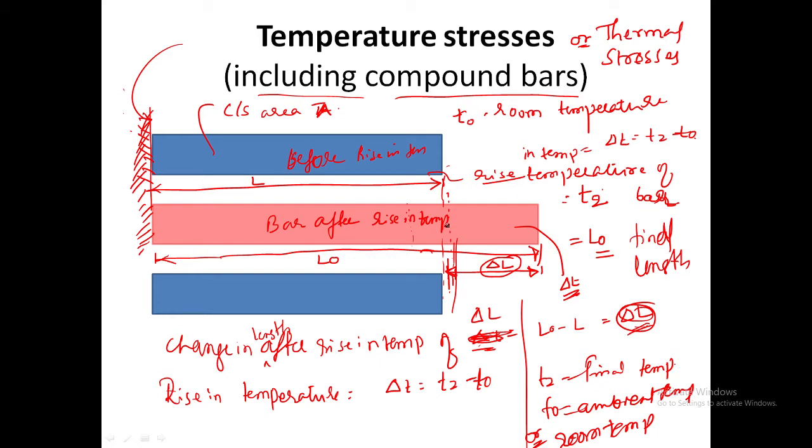Suppose you restrict or restrain the elongation of the component, then it is going to be subjected to some internal resistance. That means if you prevent the expansion of the component with the help of some support, it is going to be subjected to some internal resistance.